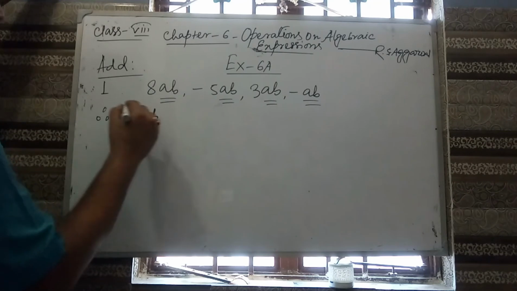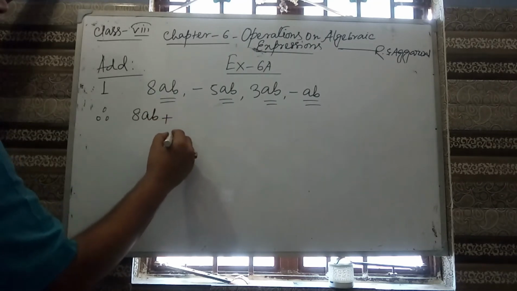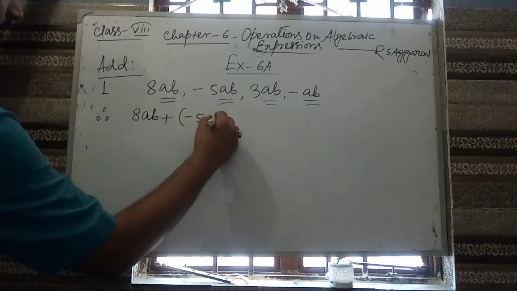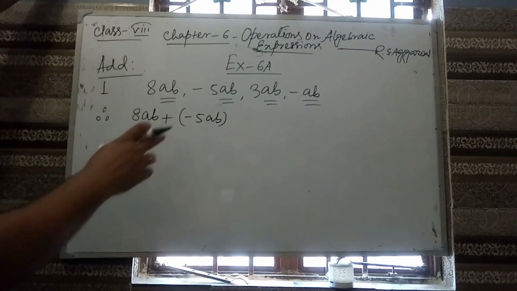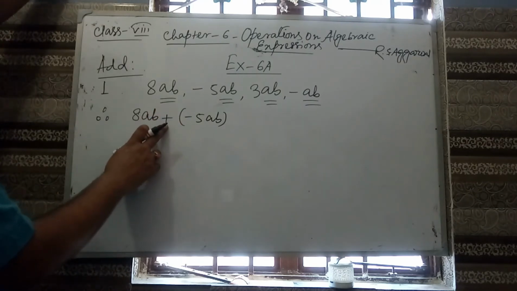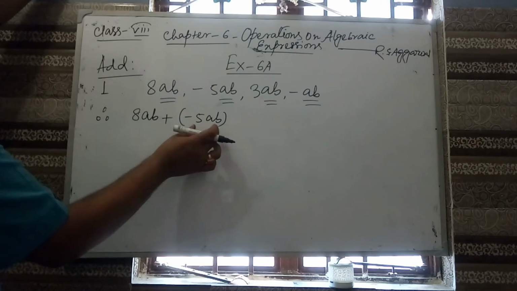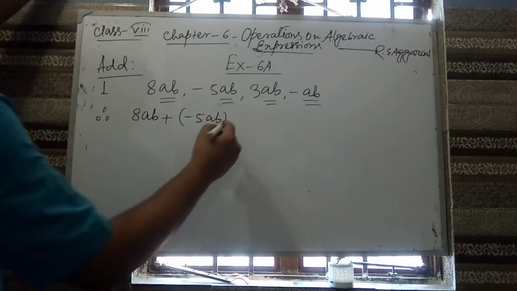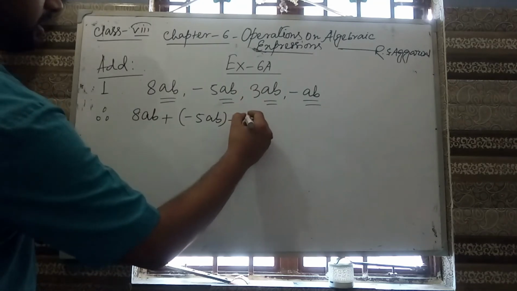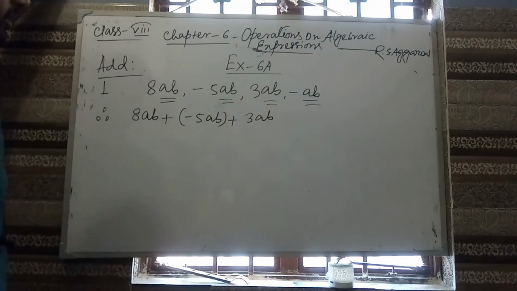So write it like this: 8AB plus minus 5AB. Then for the addition, the term is minus AB, that's why I have written it inside a bracket. Then plus, it is already plus, so we write plus 3AB.